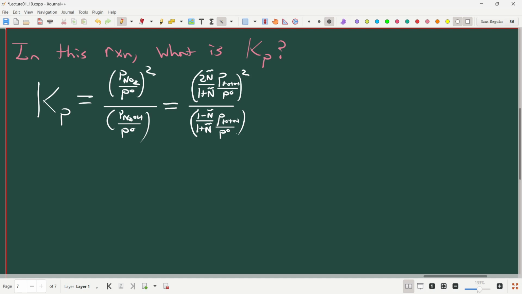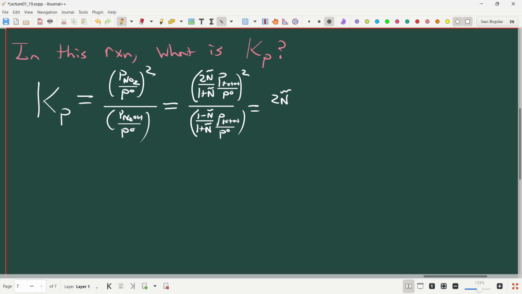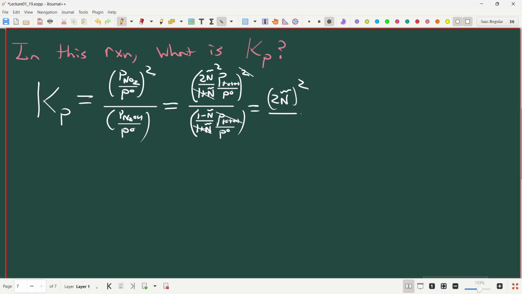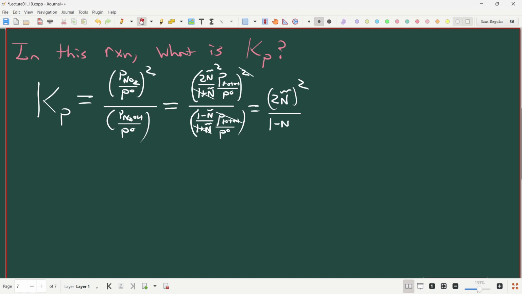Okay, so let's simplify this a little bit. This is 2n. We have a 1 plus n, and they cancel out. Oh wait, sorry, that's not right. Only one factor of 1 plus n gets canceled out.